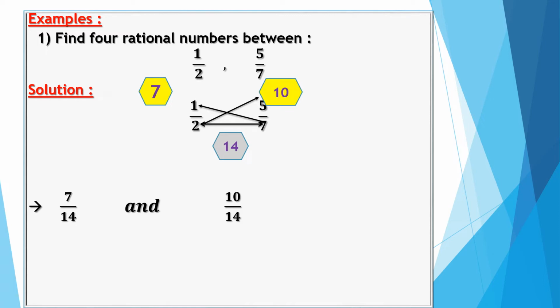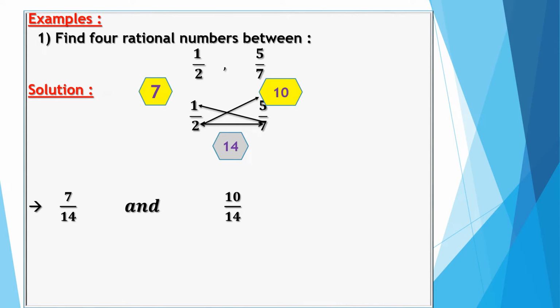We want now to find 4 rational numbers between those numbers. Do we have between 7 and 10 4 numbers? No, we have only, after 7 we have 8, 9, and we get 10. So we have only 2 numbers between 7 and 10.